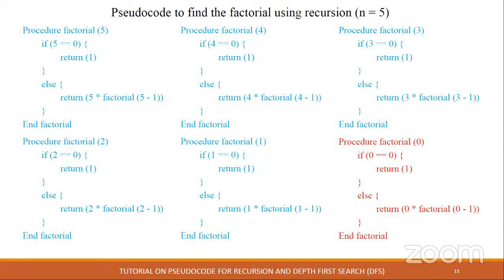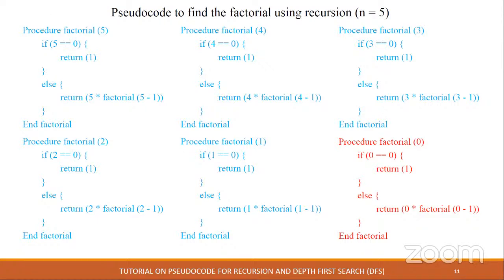But the calling of this original procedure is not shown. Ideally, in that pseudocode, we should first check whether the value is negative. If it is negative, you can print some message saying invalid input.